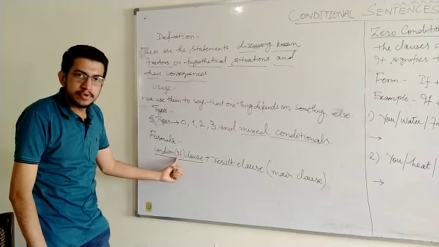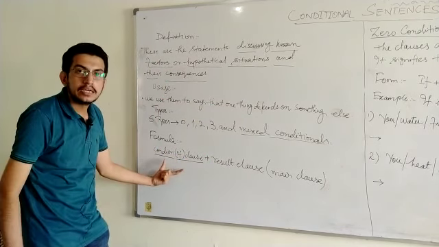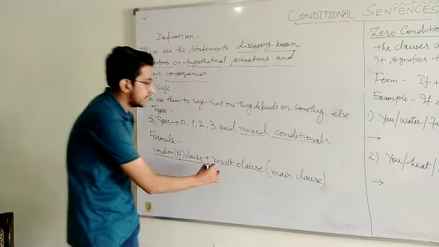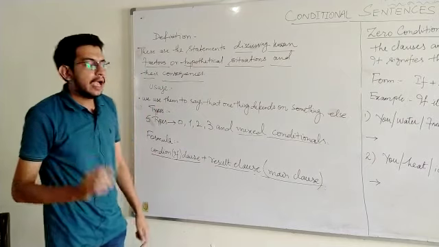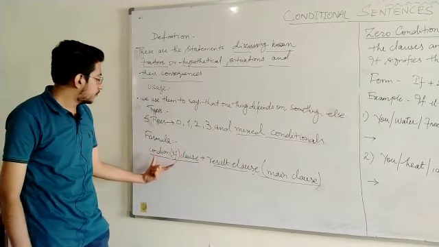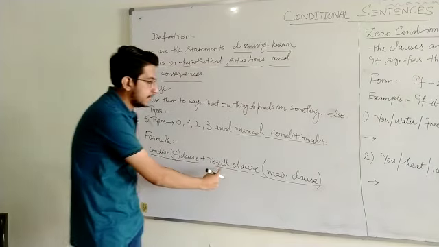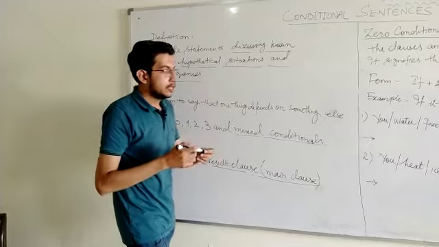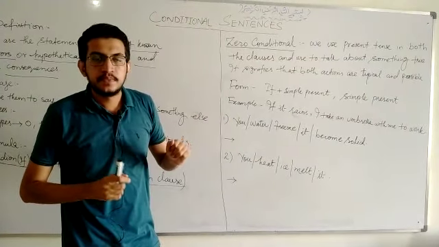We use if with the first clause, the condition clause, in which we indicate a condition, and then the result clause, which is also known as the main clause. After the if clause we use a comma, then we write the result clause.